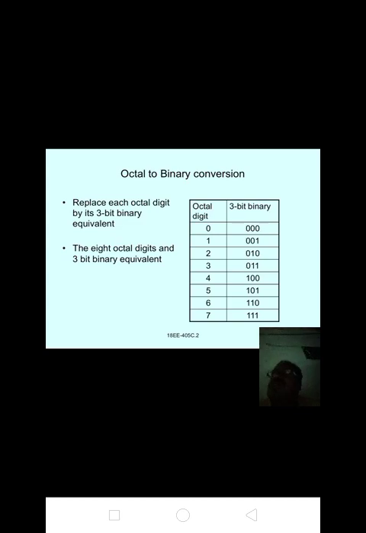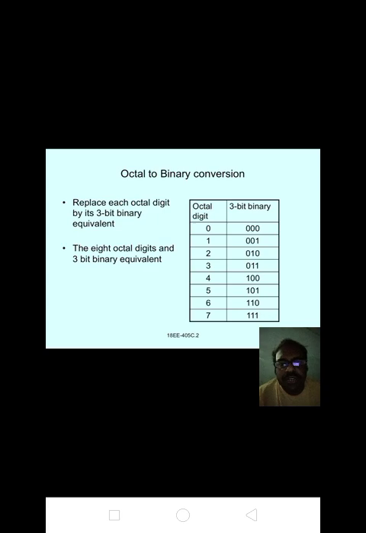Replace each octal digit by its 3-bit binary equivalent.